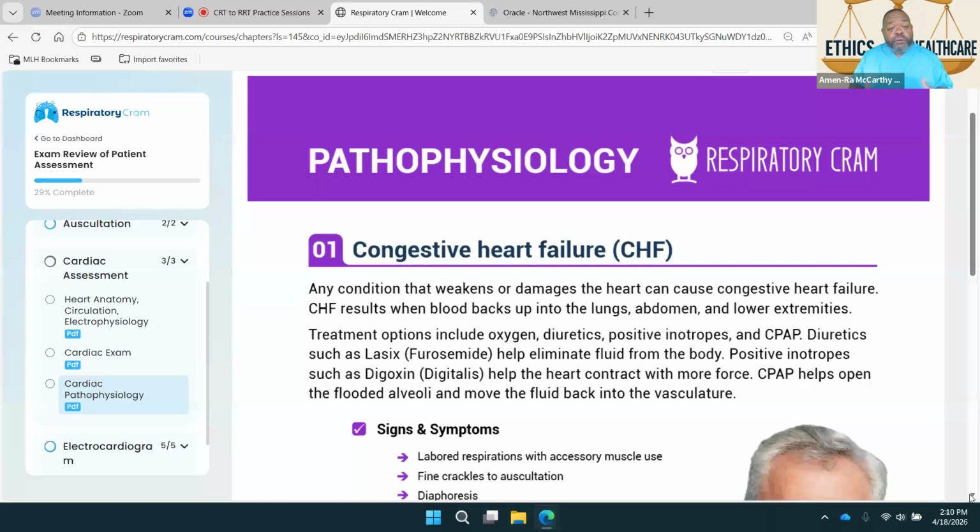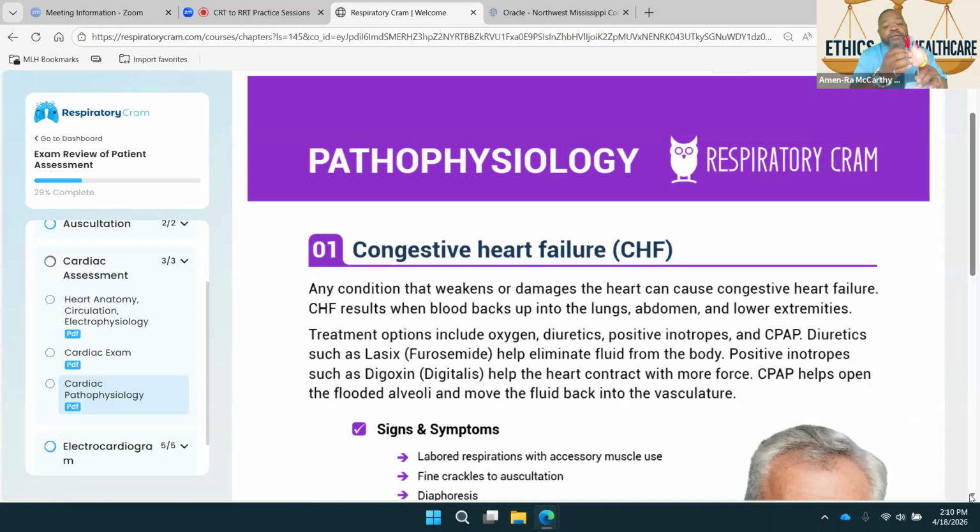Then, of course, we can do CPAP, or positive pressure, which also helps with CHF, because once the pulmonary veins start backing up with fluid and blood, the left side of the heart can't pump it. We're giving digoxin, but it's still not enough.